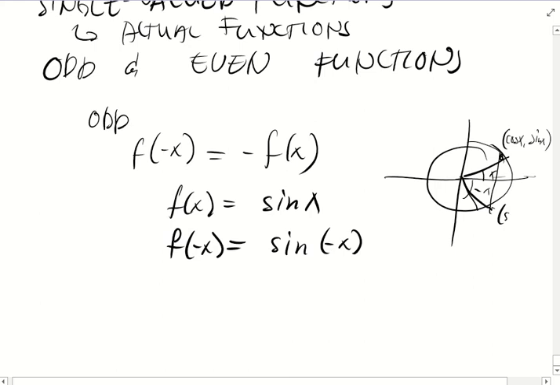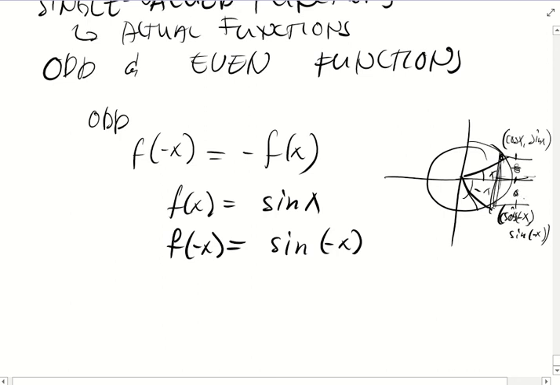Here at the bottom, this is cosine of negative x and sine of negative x. If you look at the sine, this length here is the same length as this one. It's symmetrical.